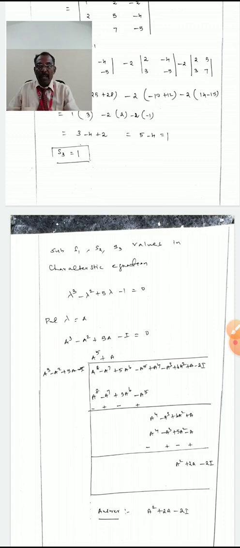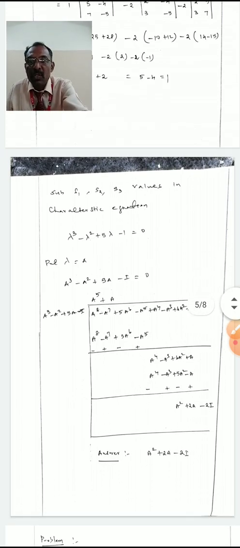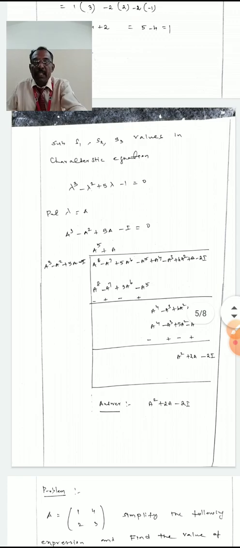Now put lambda equal to A: A power 3 minus A squared plus 5A minus I is equal to 0. So this is the Cayley-Hamilton equation. Using this equation, we do the simplification of the given A power 8 expression. The simplification is very clear.